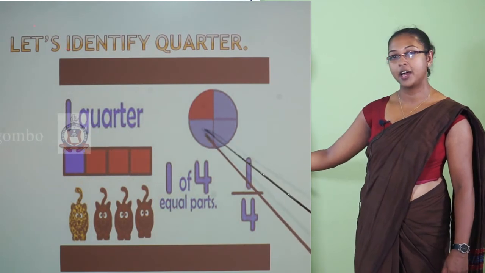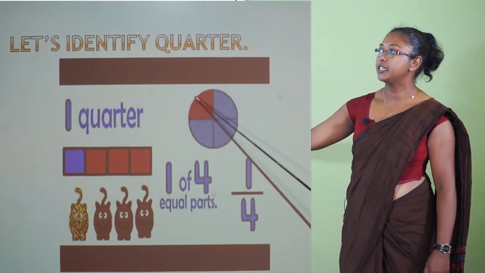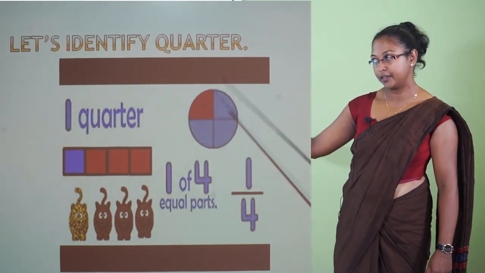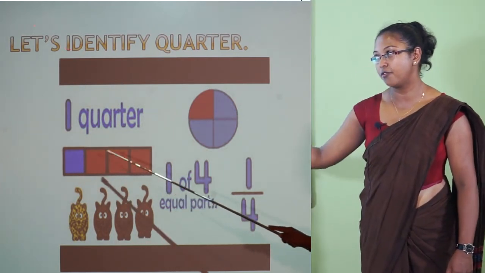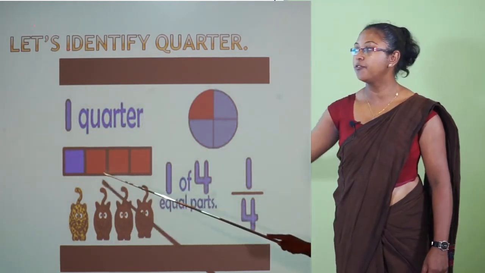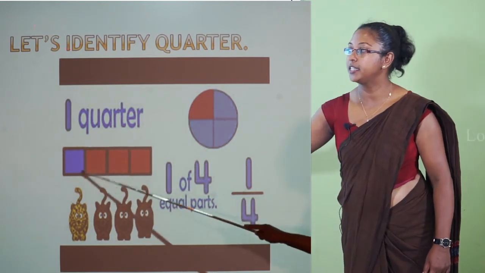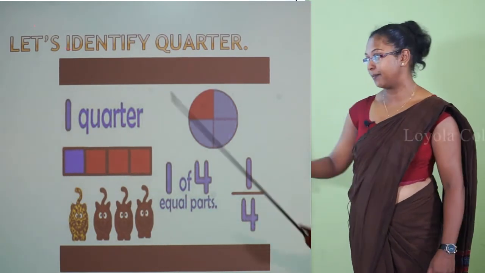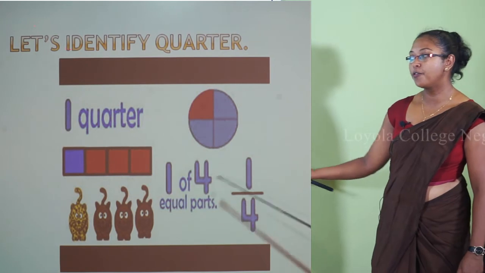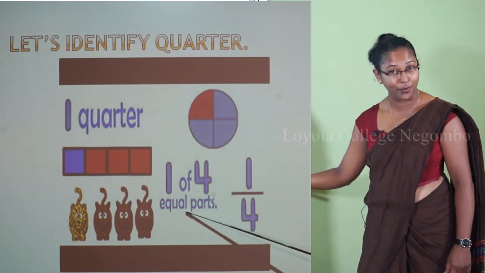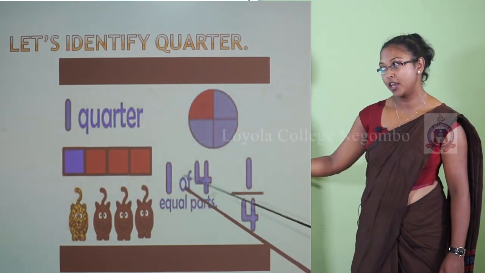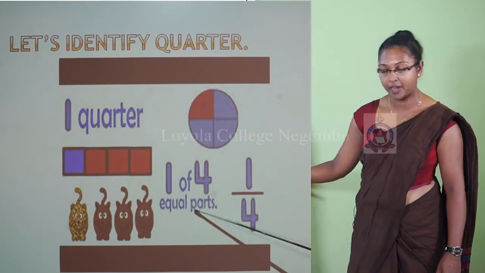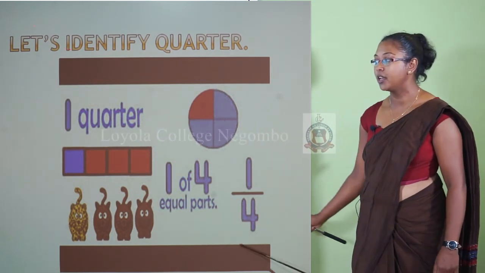Out of 4 parts, 1 part is called a quarter. Again here there are 4 parts. Out of 4, 1 part is called a quarter. One of four equal parts. Remember Pute, one of four equal parts is called a quarter.